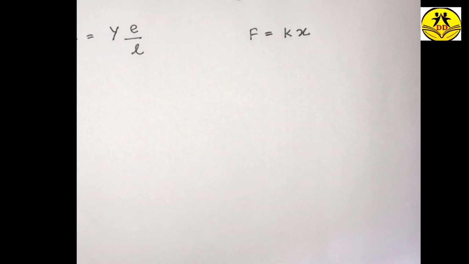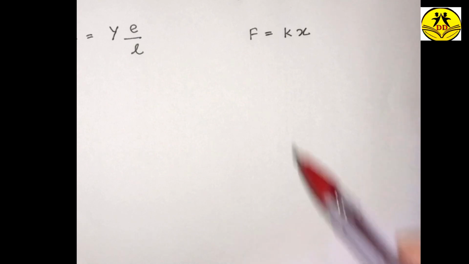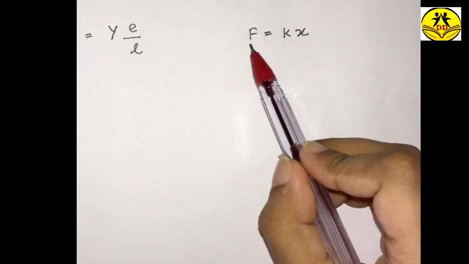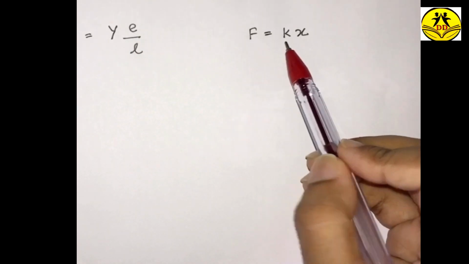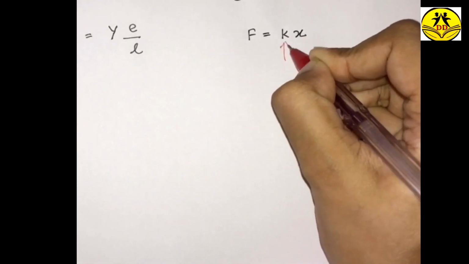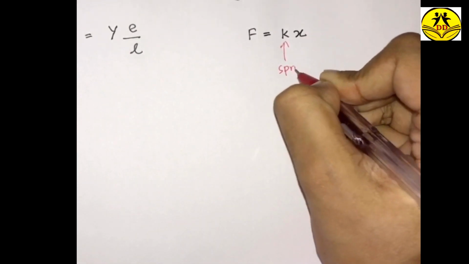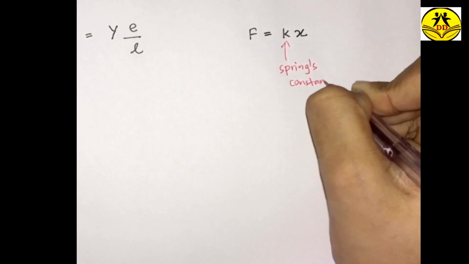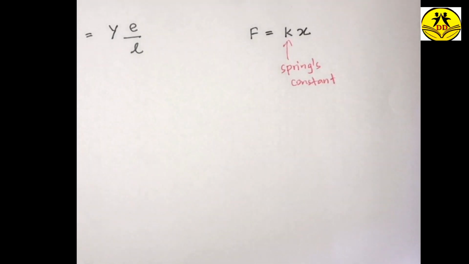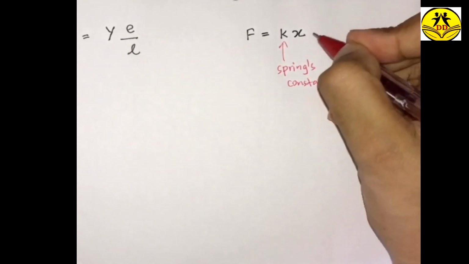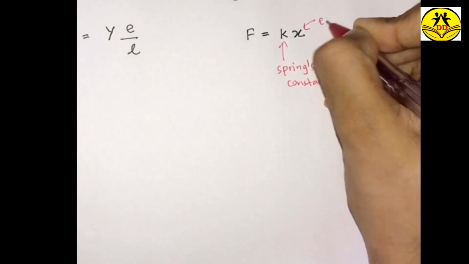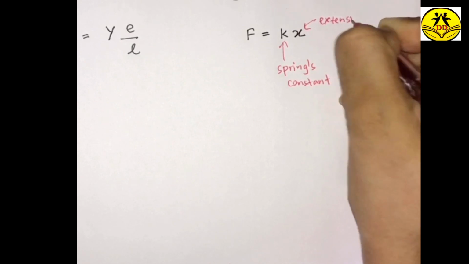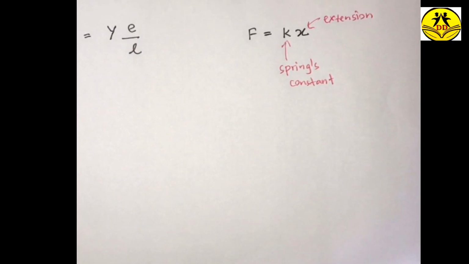And the equation with Spring's constant in it is the equation we use in dealing with springs, that is F equals Kx, F is the force exerted, K is the Spring's constant, and x here is used for the change in length or extension.